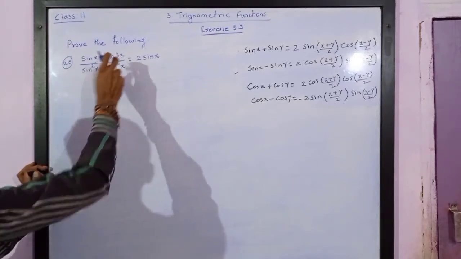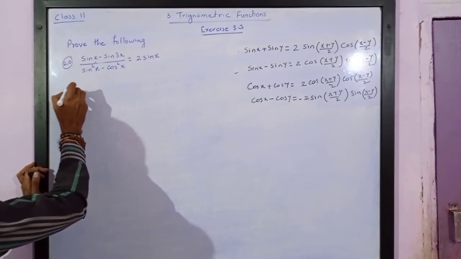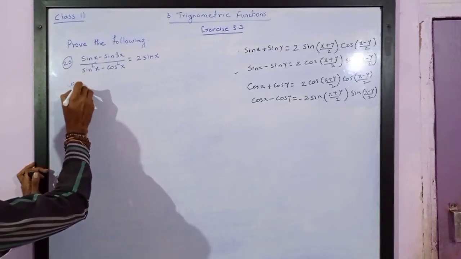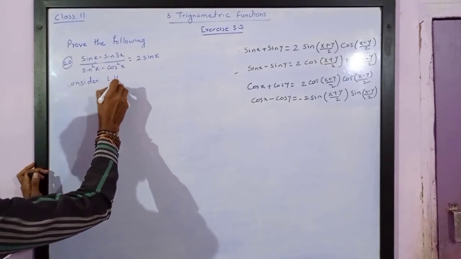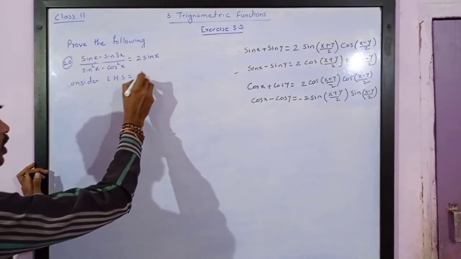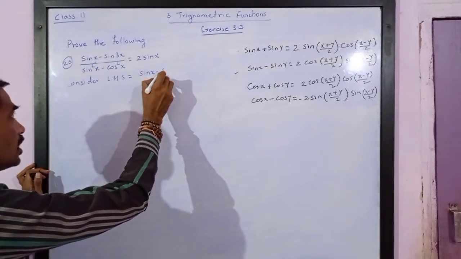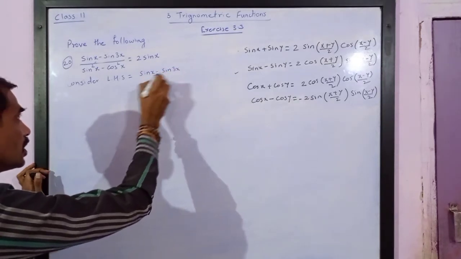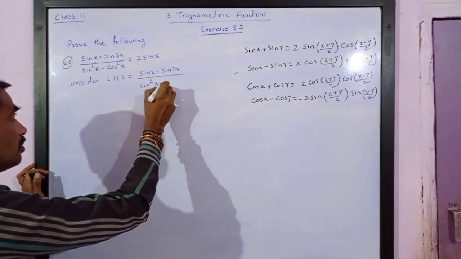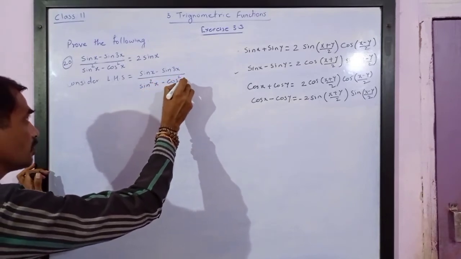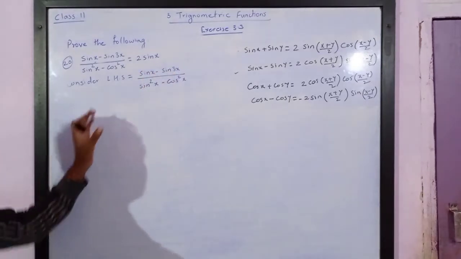Before this, since we have to prove it, we have to consider LHS separately and RHS separately. So consider LHS, and it is equal to sin x minus sin of 3x upon sin square x minus cos square x. Now look at the numerator.